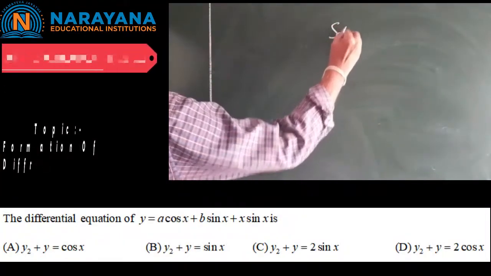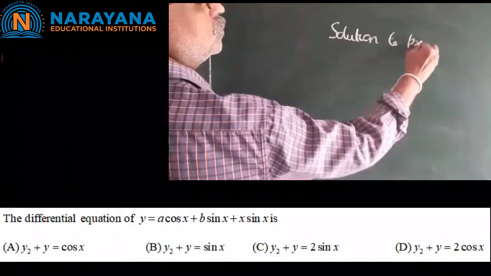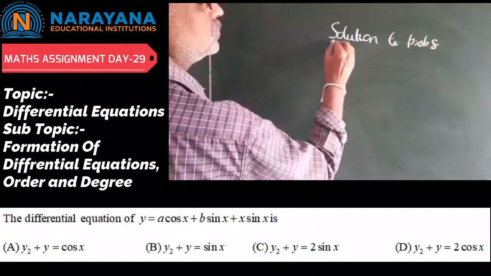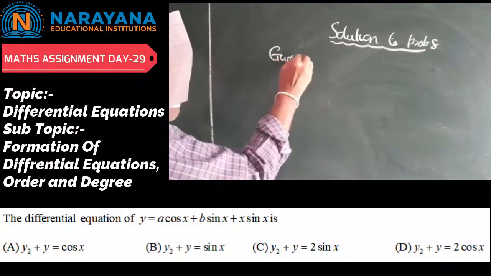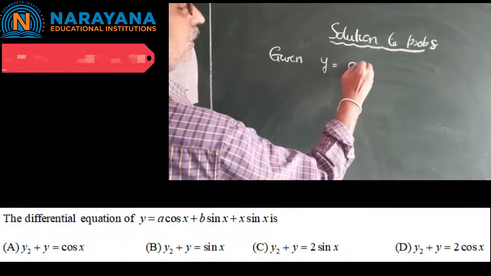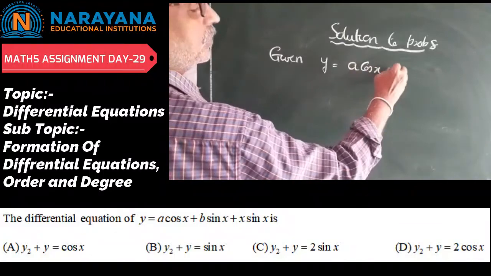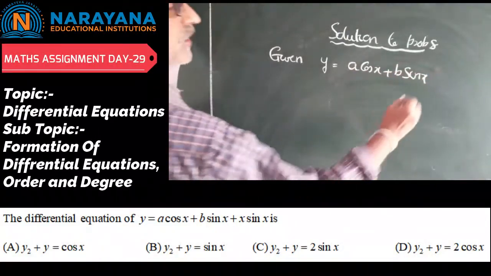Solution to problem number 8. Given y equal to a cos x plus b sin x plus x sin x.